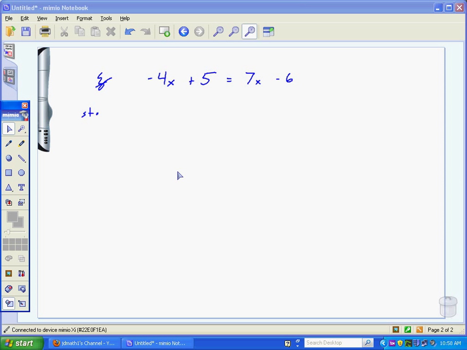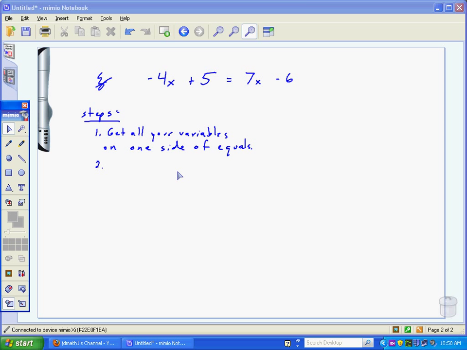I'm going to write some quick steps down. Steps. And you can all write this down as well. Step 1: Get all your variables on one side of the equals. That's the first thing we're going to try and do.